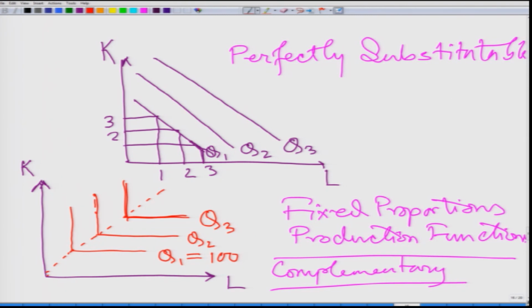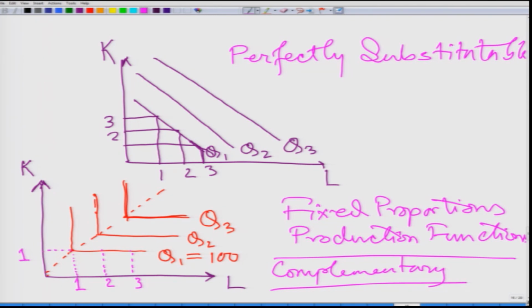Now, when I have one labor with one X-ray machine, I can manufacture 100. When I have 2 laborers with one X-ray machine, I can manufacture 100. When I have 3 laborers with one X-ray machine, I can manufacture 100, right?